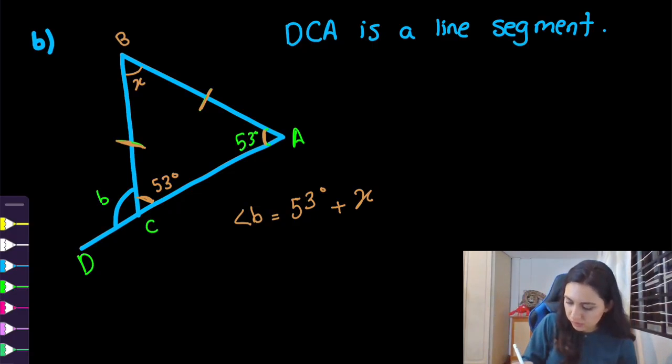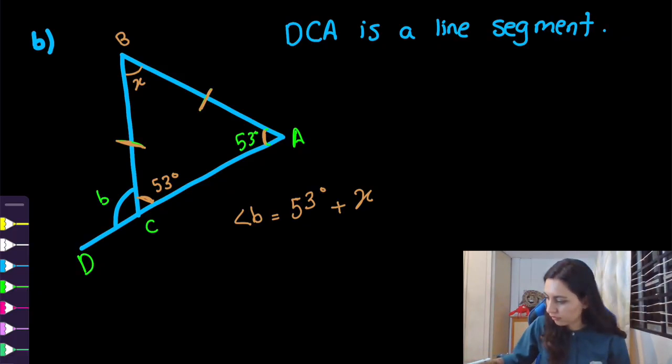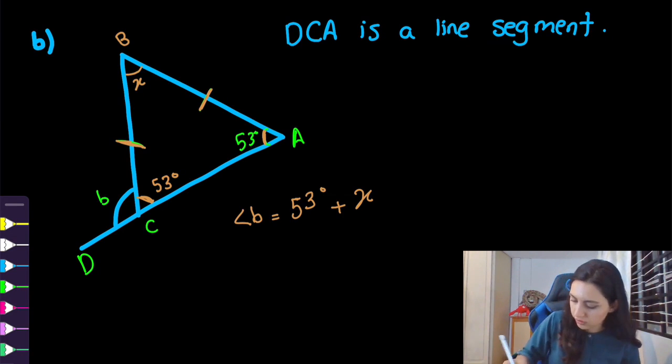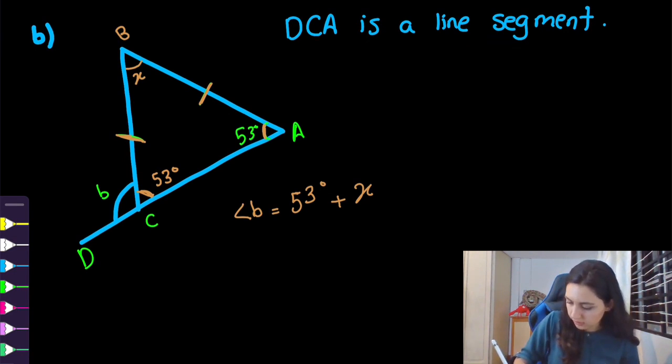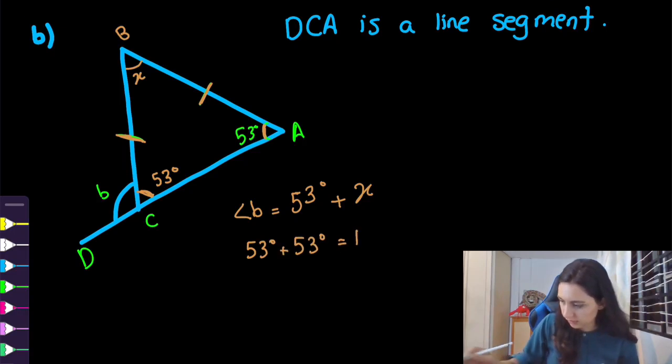And then if these two are 53, so 53 plus 53 equals 106.